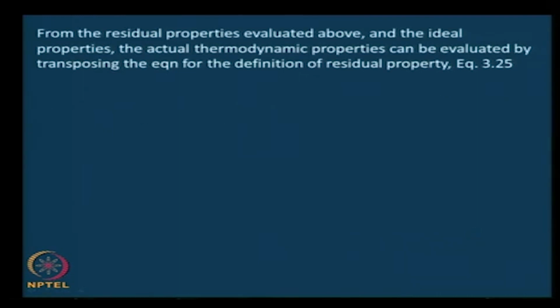Now, we have residual properties starting with GR/RT, and hopefully we would have generated the other residual properties. We know that the actual property minus the ideal gas property is the residual property, and therefore, if we have expressions for the ideal gas values, then we can get the actual values from the residual values.